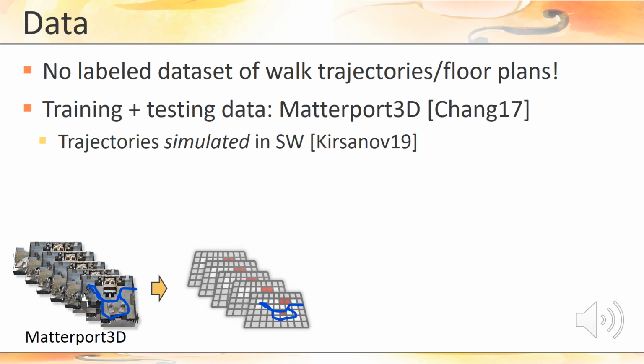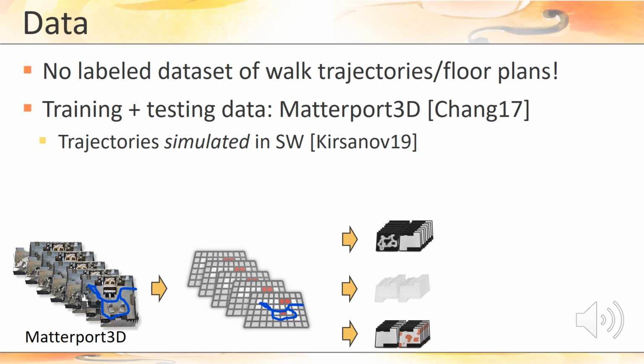We also project the generated walk trajectory onto the grid and compute for each cell the inverse distance to the trajectory. Finally, from the set of all grid-based representations, we extract the training and testing sets for each of the 3 networks. Note that for the first network, we generate additional samples from the LeafFull dataset and use them in a curriculum learning strategy. We refer to the paper for the details.